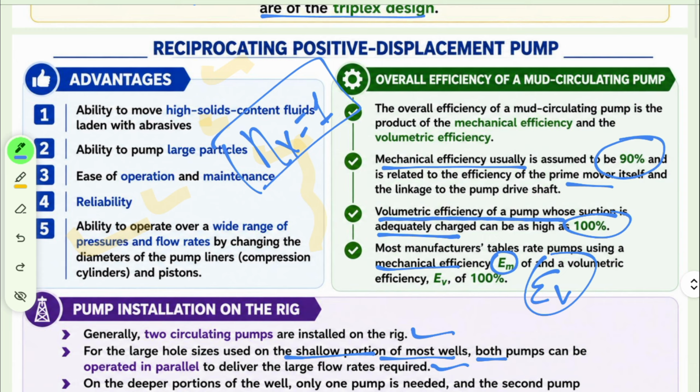But when they are going to drill a well which has deeper depth, in that case they basically use only one pump and keep the other pump as a standby, because in any case if one pump is lost or any maintenance is required on the first pump, they can use the second pump. As I told you, generally two circulating pumps are installed on the rig side, right.